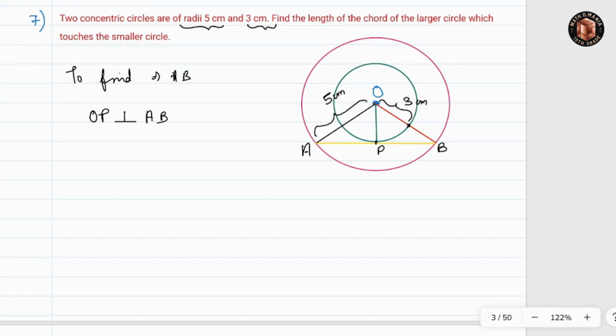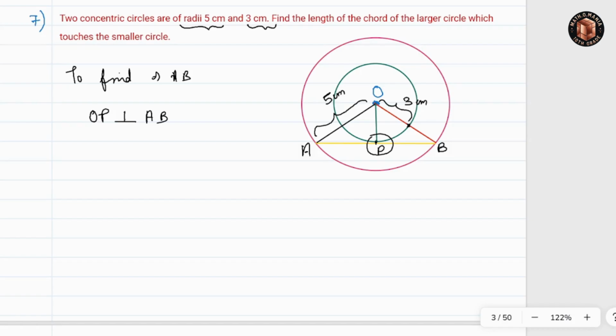Why can I write OP is perpendicular to AB? Because here AB forms a tangent to the smaller circle, right? And the tangent at any point of a circle is perpendicular to the radius through the point of contact. Look, this is the radius that I have drawn, OP, a line from the center to the point of contact of the tangent, right?